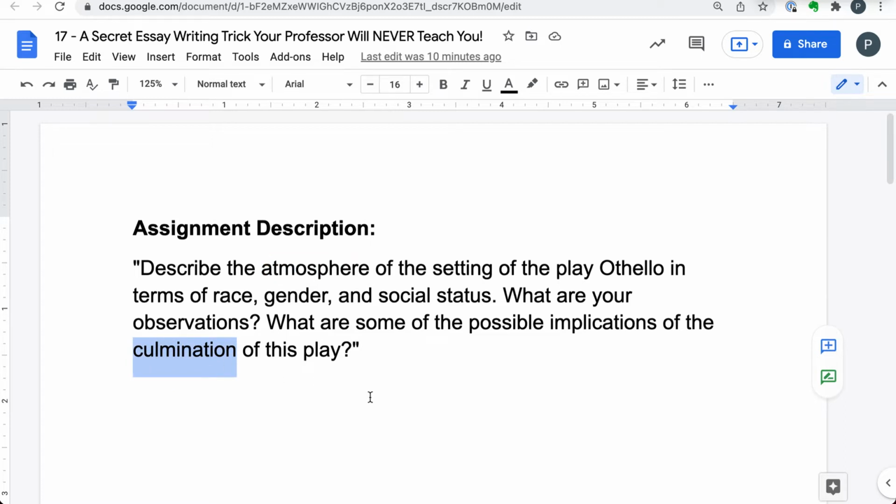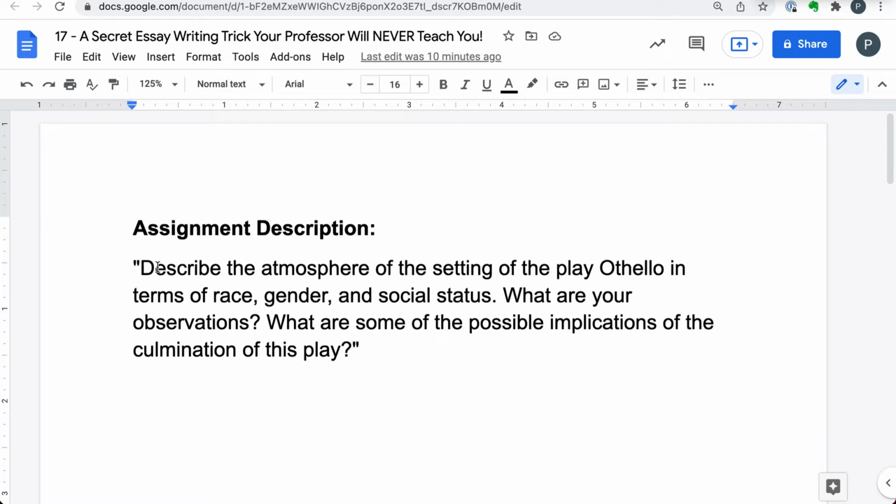It's really about these two things: the atmosphere of the setting of the play, and the ending of the play, which are two different things. Which really means that this essay must, of necessity, be divided into two parts, just because these are two completely different subjects.